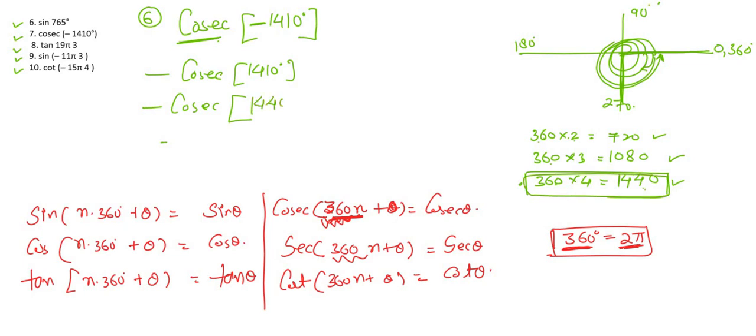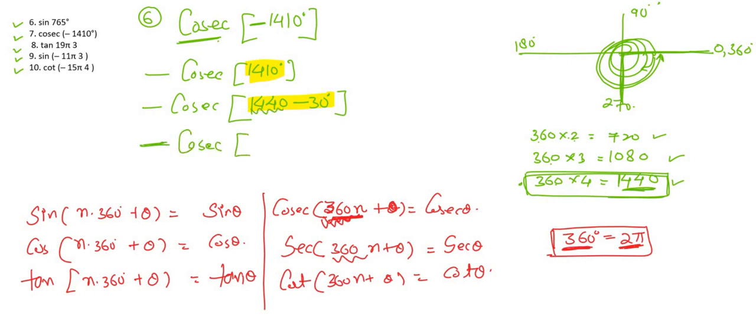So 1440 minus 30 degree. Can we write it like this? See, 1410 can be written as 1440 minus 30 degree, because we try to pick the nearest number. So this is nearest. So minus, now see, this will become cosec.